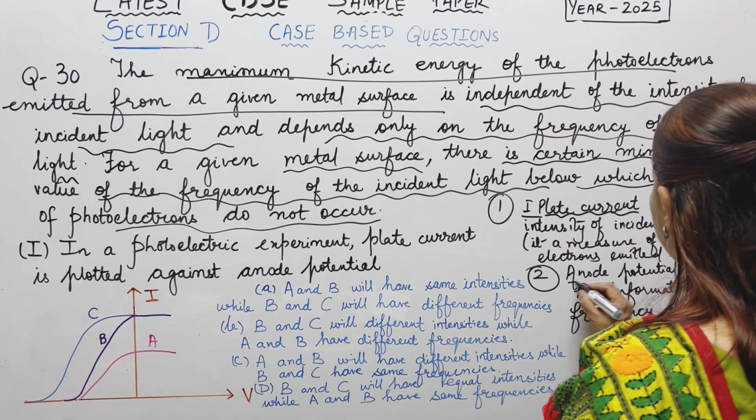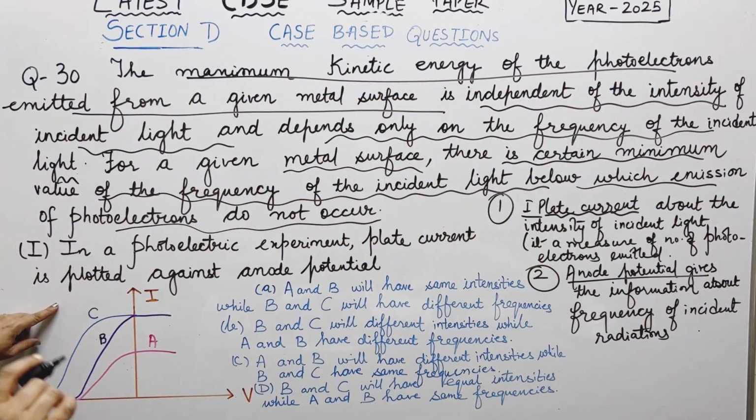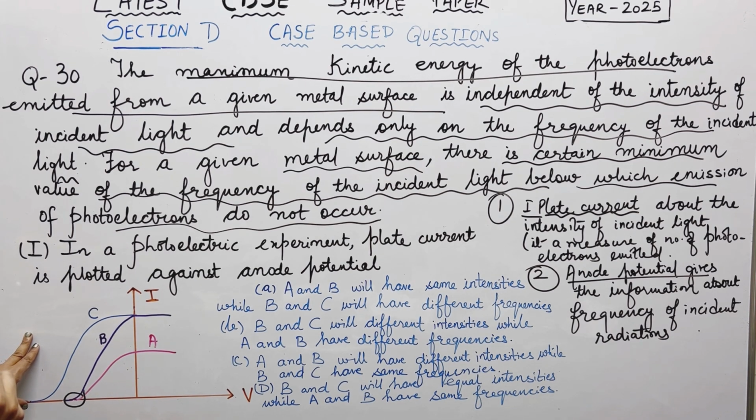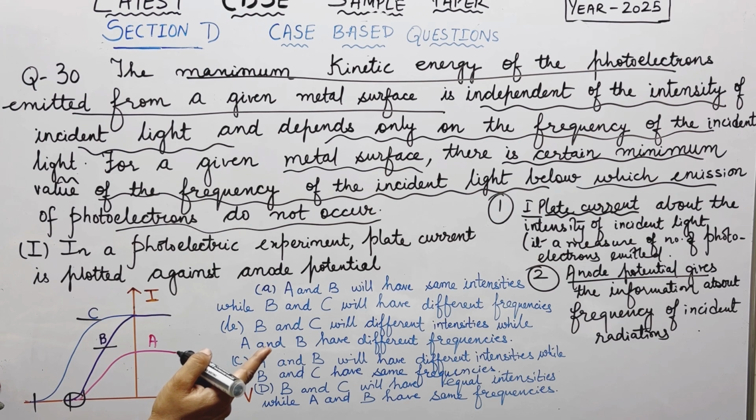Now, when we are clear about these two things, we can answer this question. See here, the A and B curves have the same saturation current. If the saturation current is the same, it means they have the same intensities of the incident light. Second thing, B and C have different anode potentials, and anode potential gives us the information about the frequency.